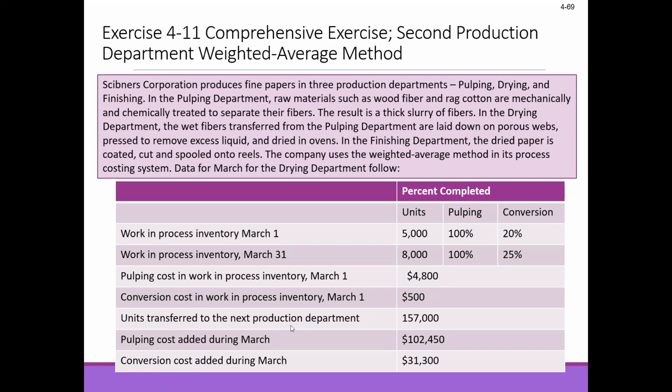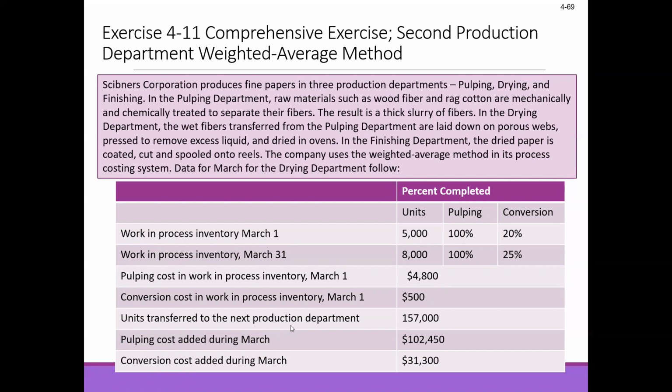The company uses the weighted average method in its process costing system. Data for March for the drying department is as follows. So it gives us our equivalent units at the beginning of the period and at the end of the period. And we see the percentages completed in regards to pulping and conversion.